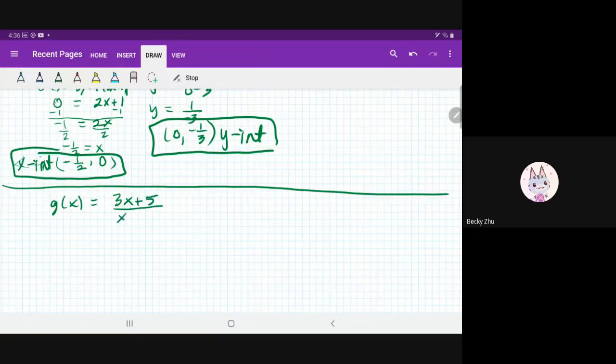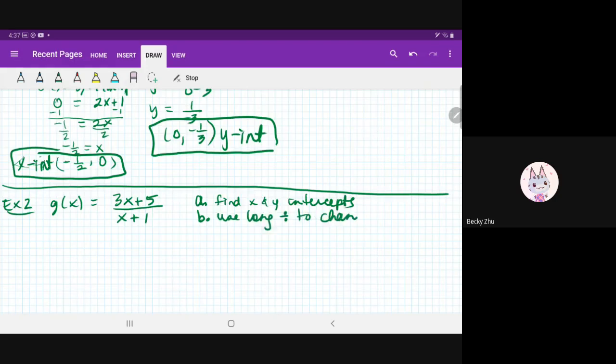And then some of our example problems today will only be finding the intercepts, and then some will be finding the intercepts and graphing. Okay, so step 1, we'll call it A: find the x and y intercepts. This is example 2. And then B is use long division to change to y equals a over x minus h plus k form.